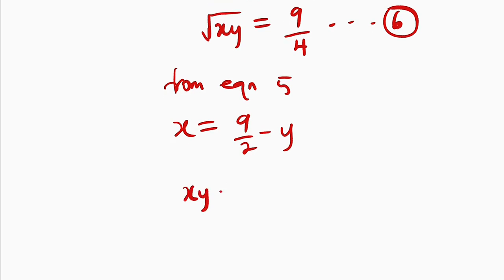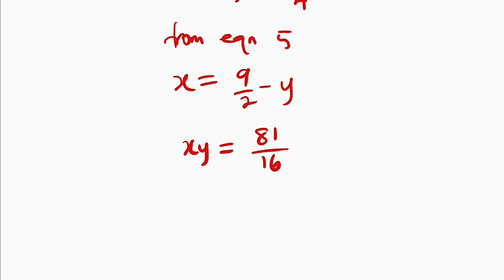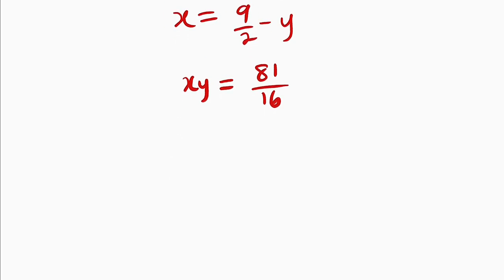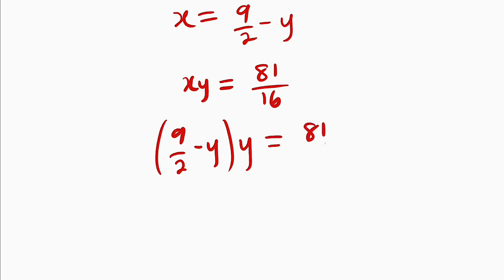So xy equals 81 divided by 16 if you square both sides. Since x is equal to 9 divided by 2 minus y, we can bring it here. So we have (9 divided by 2 minus y) multiplied by y, and this is equal to 81 divided by 16.